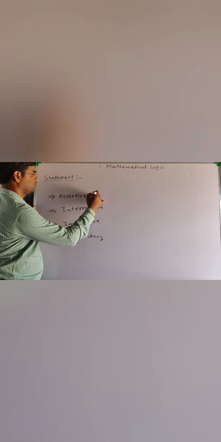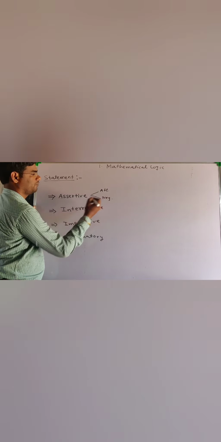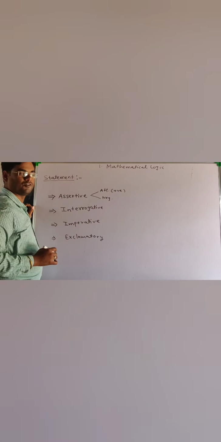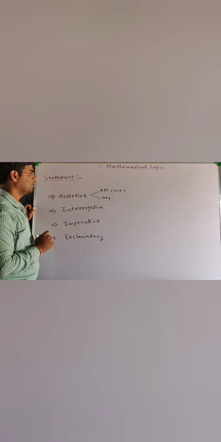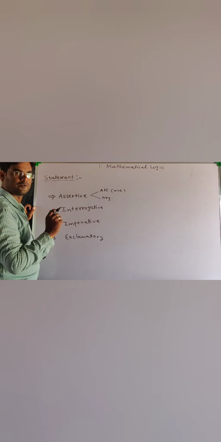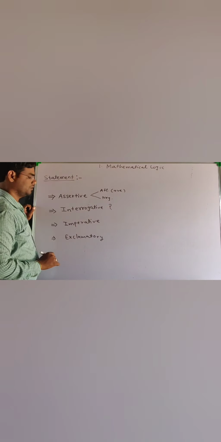Assertive sentence is of 2 types, affirmative sentence and negative sentence. Affirmative sentence is also known as positive sentence. Interrogative sentence consists of a question. It consists of a question mark at the end of the sentence.